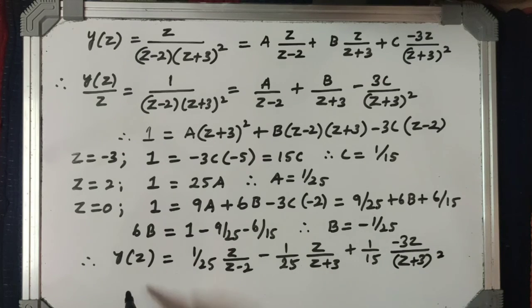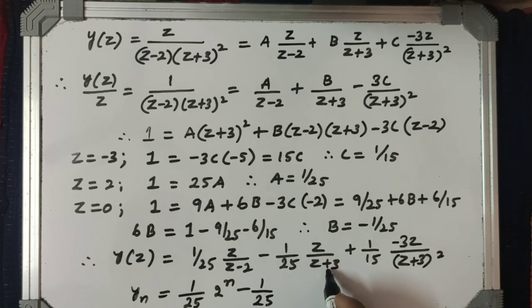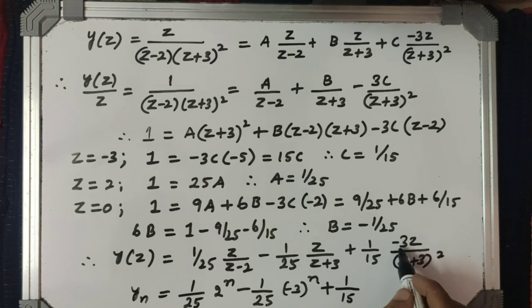If you apply the inverse Z transform of Y(Z), the sequence y(n), which is equal to 1 by 25, the inverse of Z by Z minus 2 is 2^n, minus 1 by 25, the inverse of Z by Z plus 3 is (minus 3)^n, plus 1 by 15, the inverse of minus 3Z divided by (Z plus 3) whole square is (minus 3)^n into n.